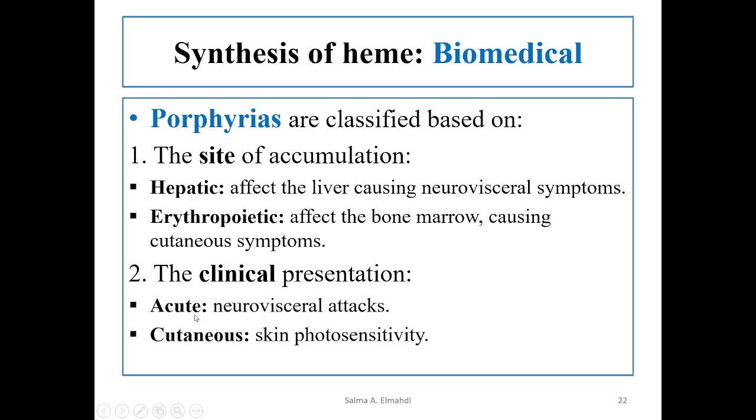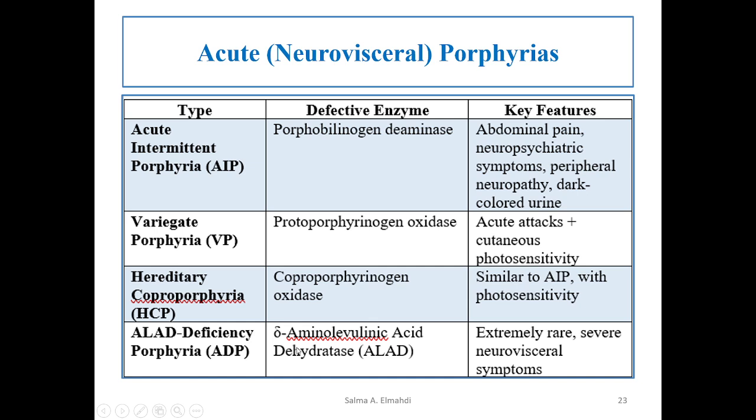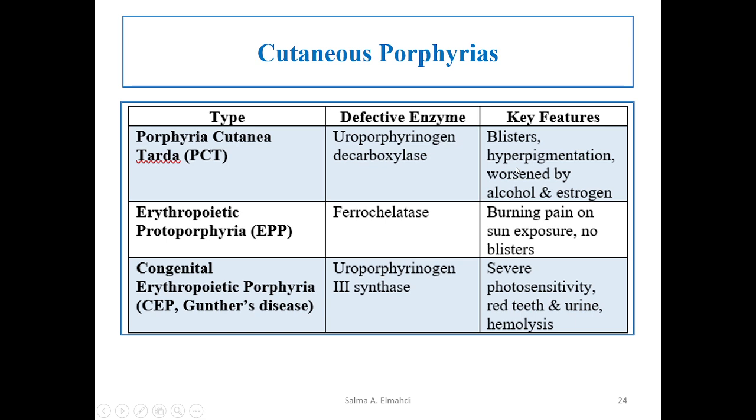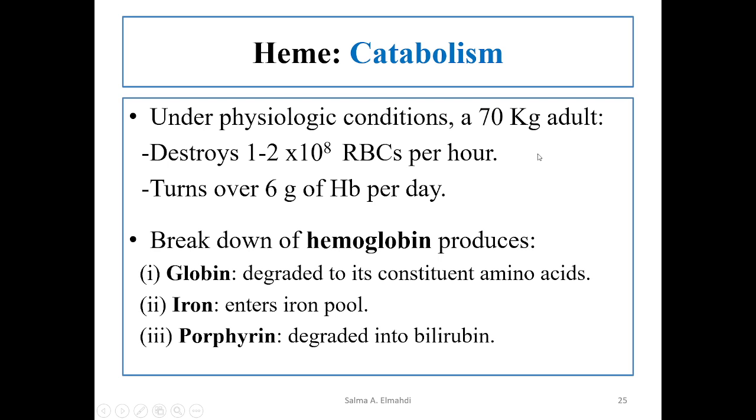Clinical presentation is either acute neurovisceral attacks, including abdominal pain, or cutaneous porphyrias, where presentation is mainly skin photosensitivity. And this shows you the acute neurovisceral porphyrias and affected enzymes in addition to the key features. This is the cutaneous porphyrias. The famous one is porphyria cutanea tarda, and their defective enzymes and key features.